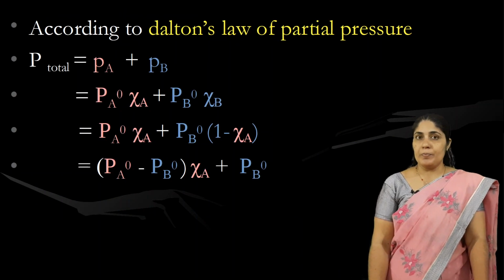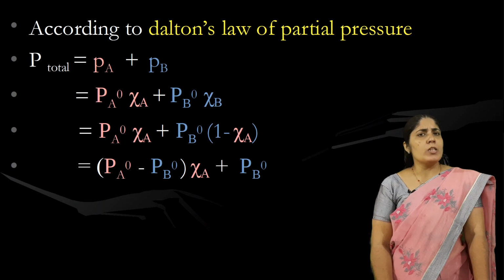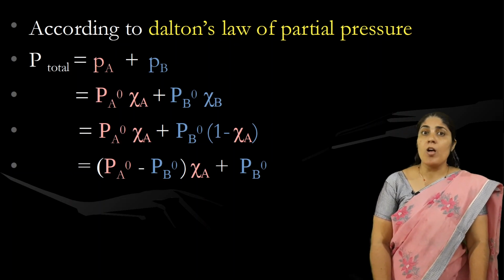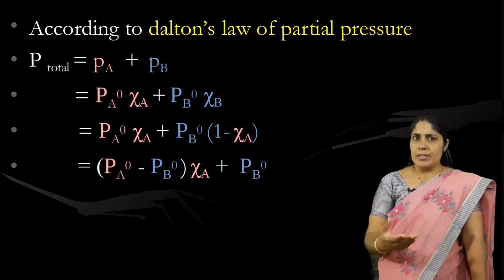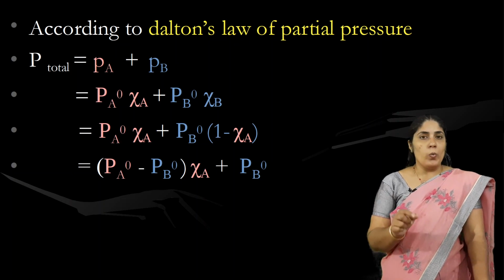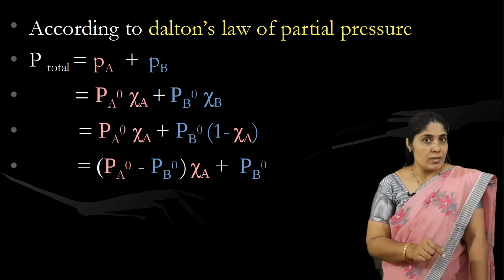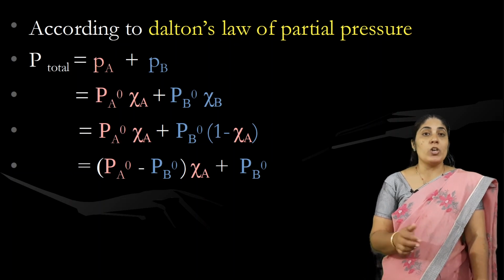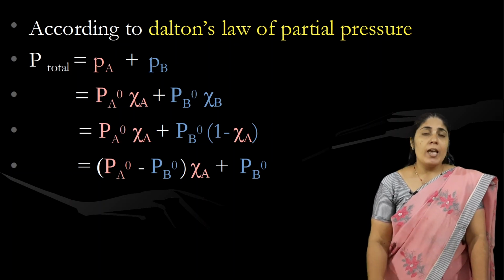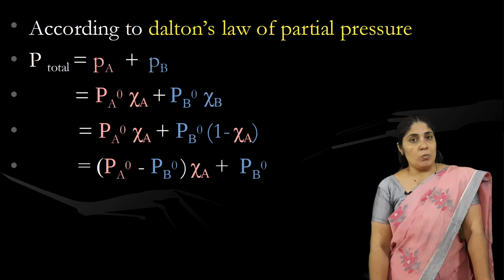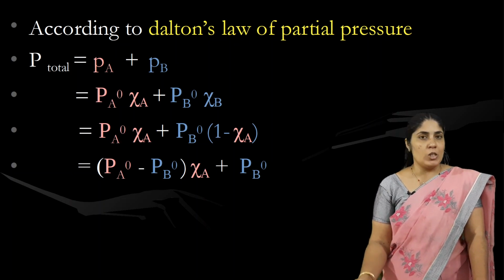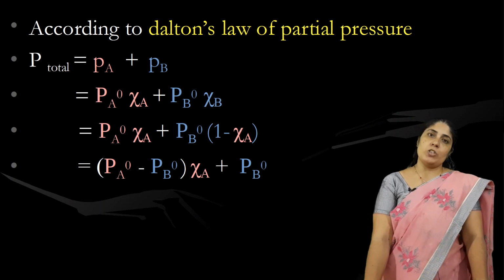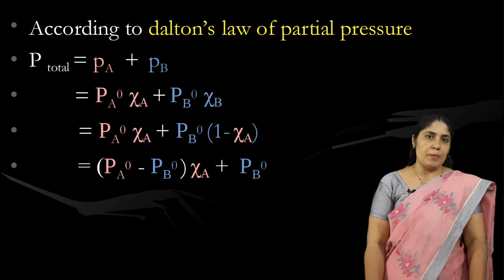Now, I hope that you remember Dalton's law of partial pressure which you learnt in your 11th standard. It states that when two gases which are not interacting are mixed together at a given temperature and volume, then the total pressure is equal to the sum of the partial pressures of the components present.